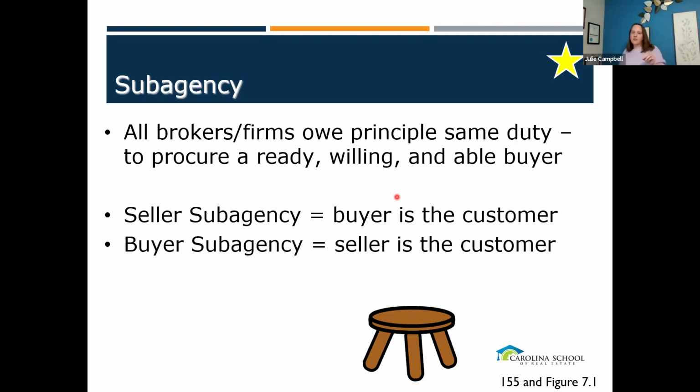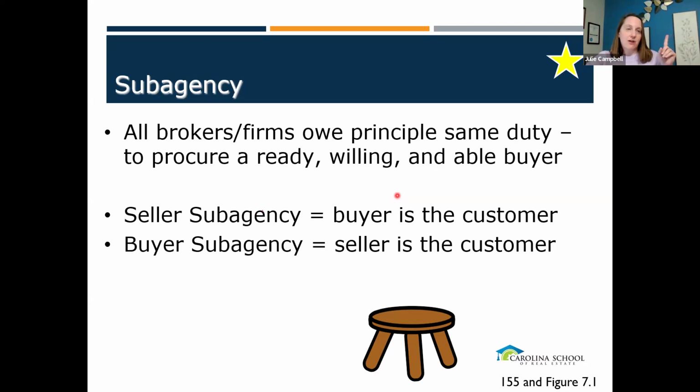So as a seller sub-agent, the buyer's unrepresented, the buyer's the customer. Again, maybe you're with the same firm as the listing company, maybe you're not. We don't see this form of seller sub-agency as much anymore. We're seeing it less and less and less because there's risks on both sides. First off, you got a non-represented buyer.